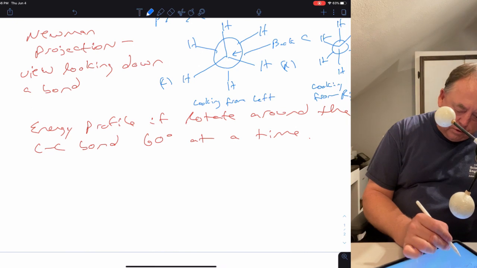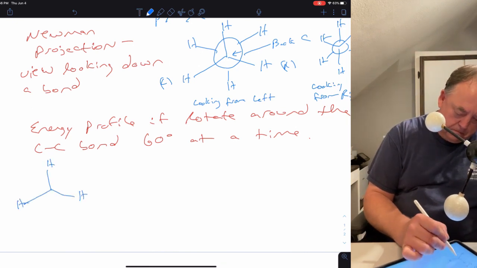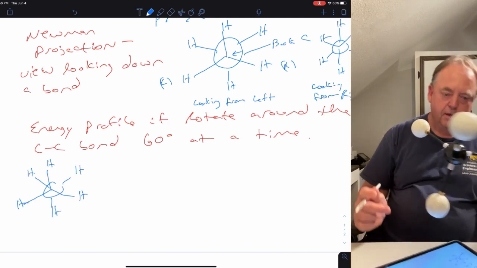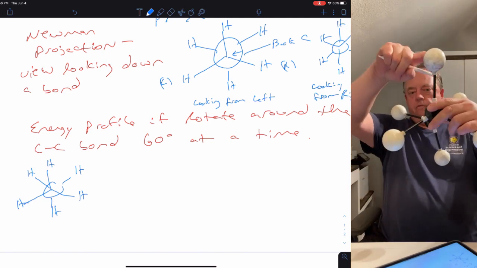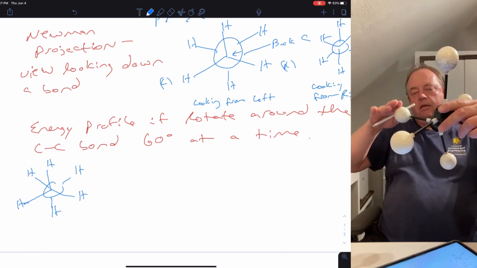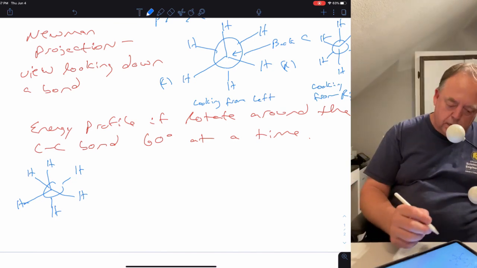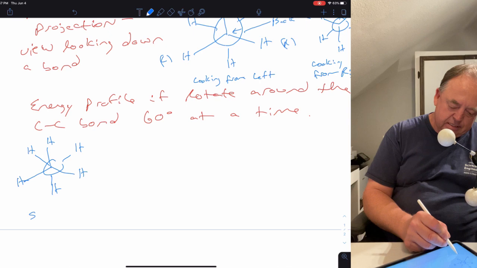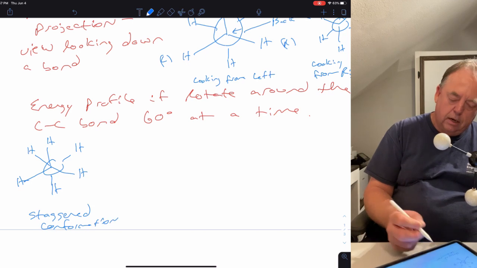Okay, so what we're going to do is take this Newman projection. First of all, from this hydrogen to that hydrogen, it's about 60 degrees. And when the molecule is in this conformation, it is said to be in a staggered conformation.